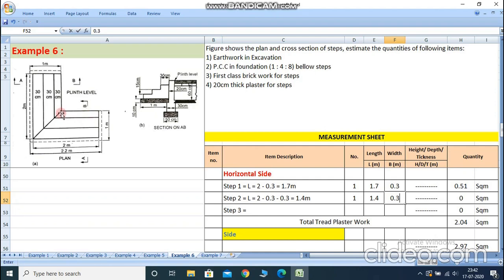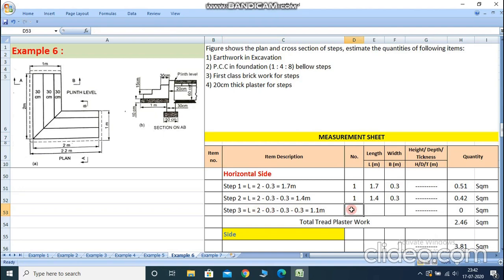From this corner point to this corner point, the total length is 2 meter minus 0.3 minus 0.3 minus 0.3, so L is equal to 1.1 meter.